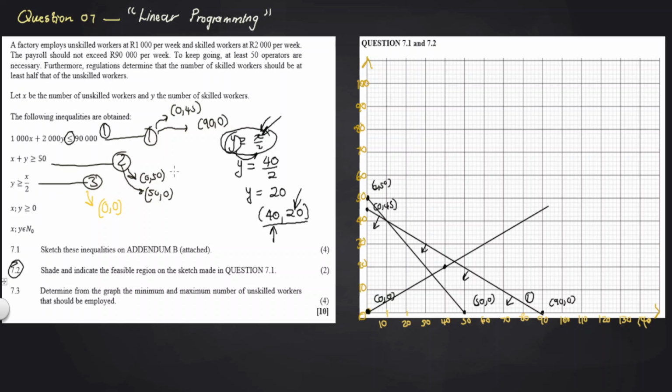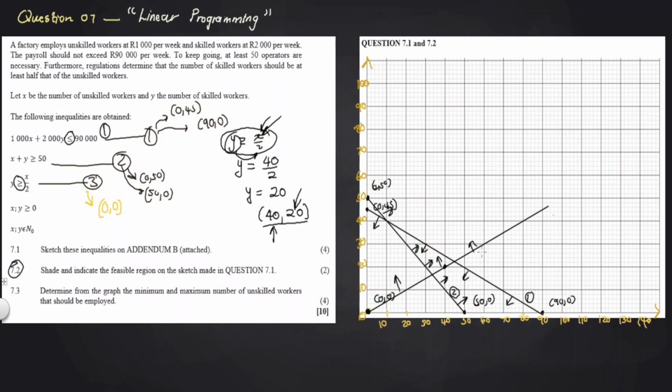Because the inequality sign is less than or equal to. So this is constraint number 2. It's above, so it's gonna be shading above the line, like this. And then for the third one, it's above as well. So you shade above, above, above.